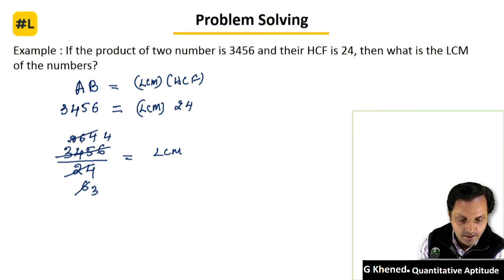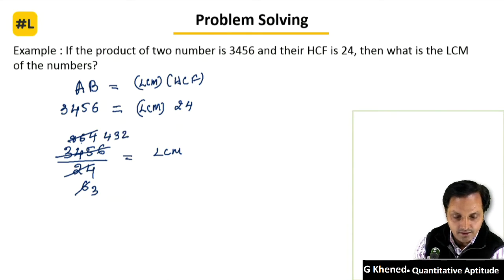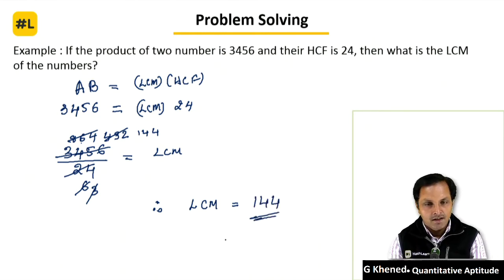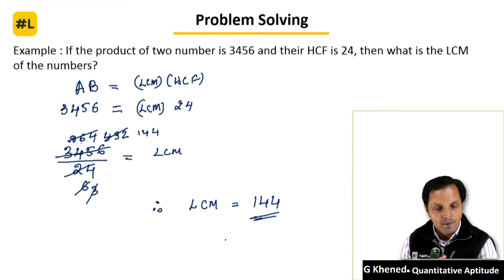Therefore your LCM will be equal to 144. Is it clear? So remember the result: the product of two numbers will always be equal to the product of LCM and HCF.